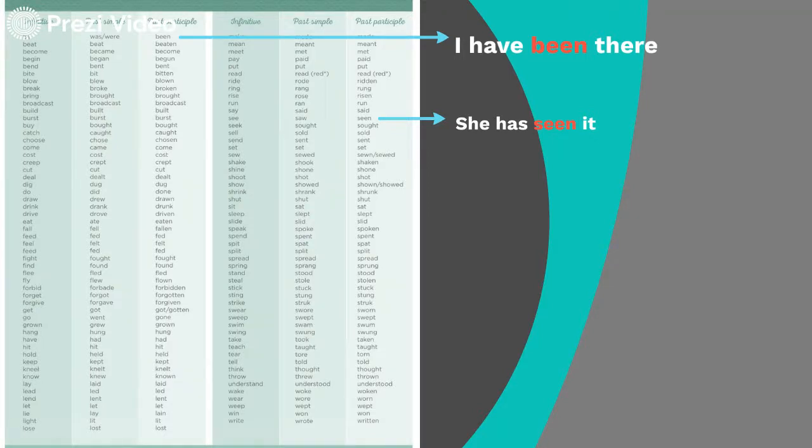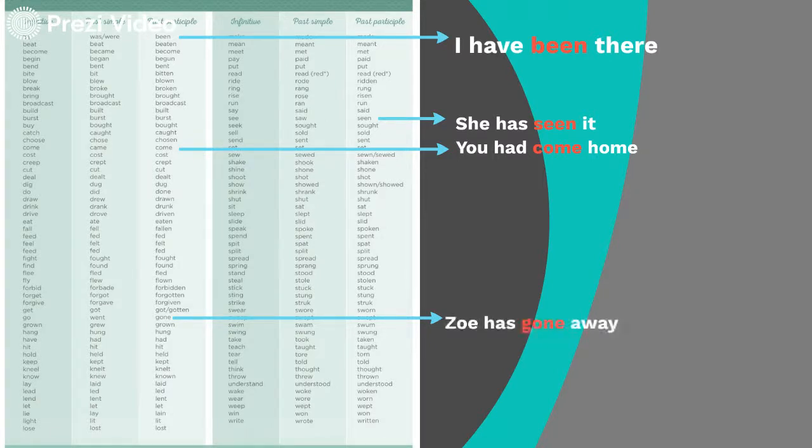She has seen it. Come in the past simple is came, but in the past participle it's come again. So you had come home instead of you had came home. Go in the past simple is went. We went there. But then in the past participle it's gone. Zoe had gone away.